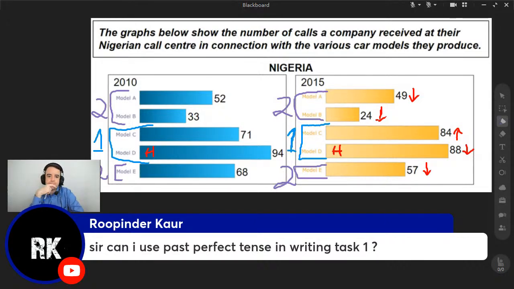But that's not logically organized because I should mention 2010 first and then 2015. So I've shown you how to use it in that the past perfect was accurate in my sentence, but it's not logical to talk about 2015 before 2010.